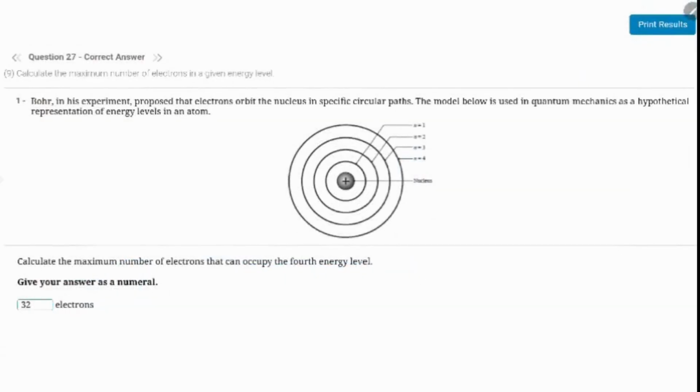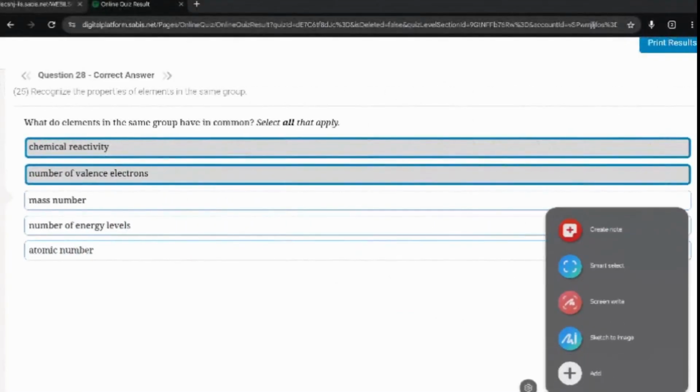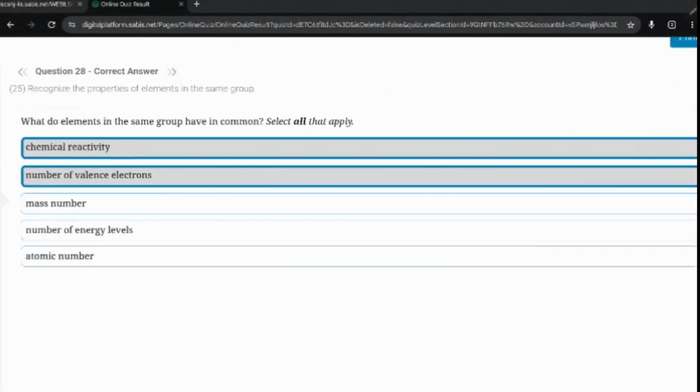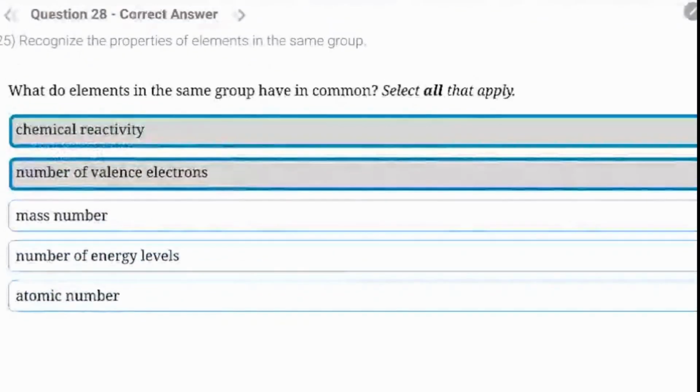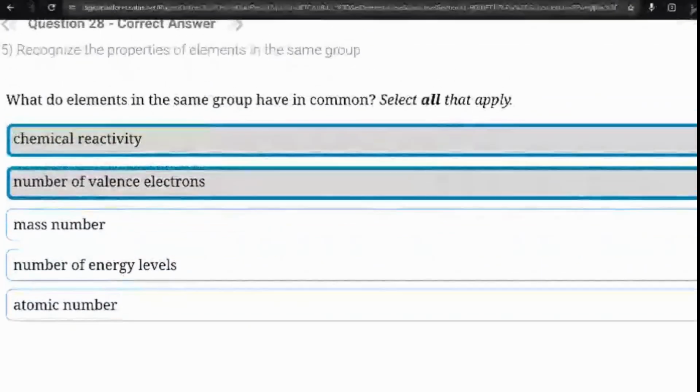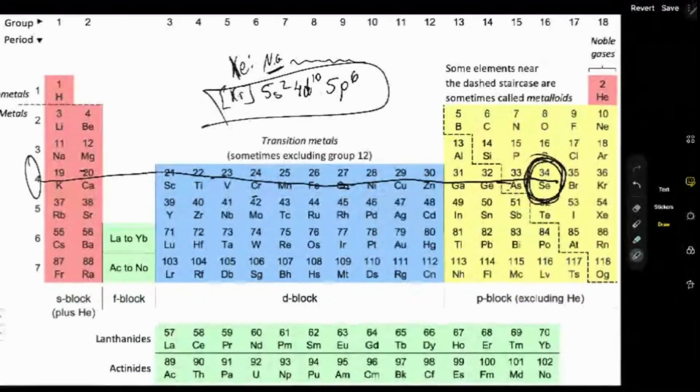Question 28. What do elements in the same group have in common? I'm not even going to explain this. Okay, this is very straightforward. Yes. Okay, chemical reactivity, obviously. Number of valence electrons. Mass number? No. Number of energy levels? No. As you go down the group, n increases. Okay, over here. As you go down the group, 1, 2, 3, 4, 5.